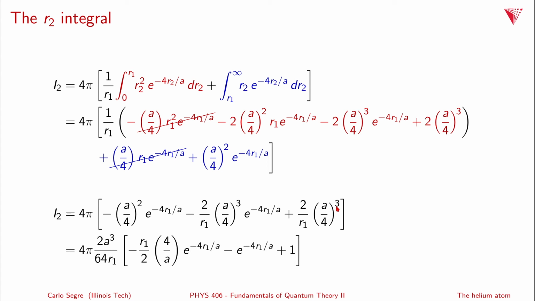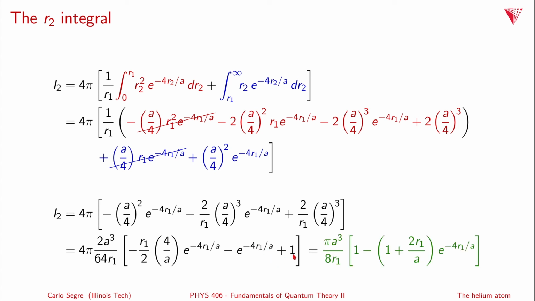I can simplify this a little bit more by pulling out common terms, like a over 4 cubed times 2 over r1, which gives me out in front 2a cubed over 64r1. Then inside I have minus r1 over 2 times 4 over a, e to the minus 4r1 over a, minus e to the minus 4r1 over a, plus 1.